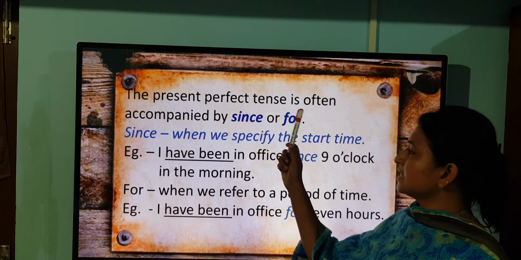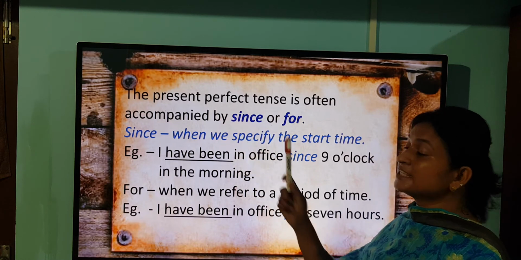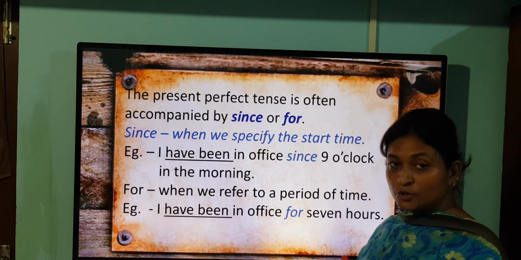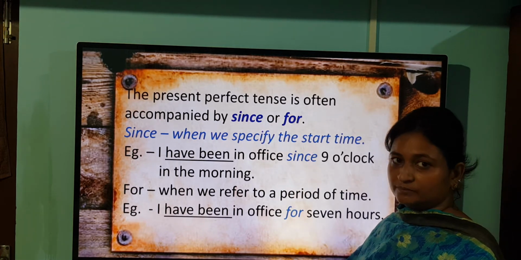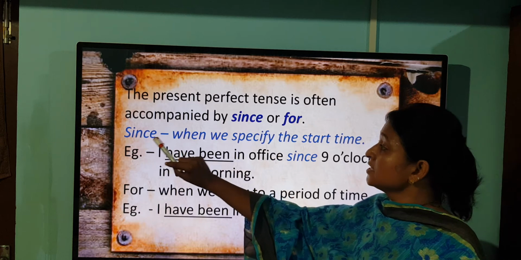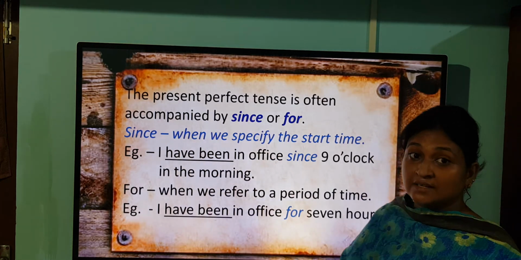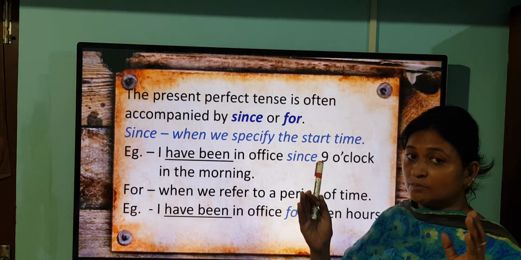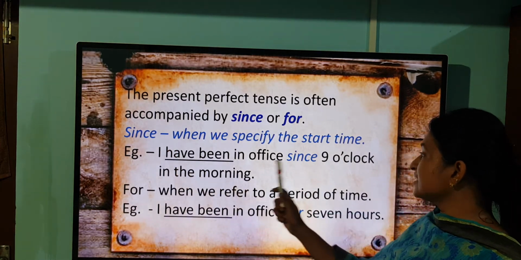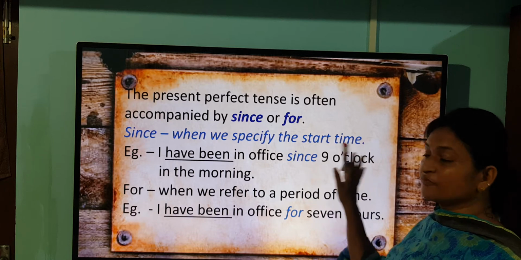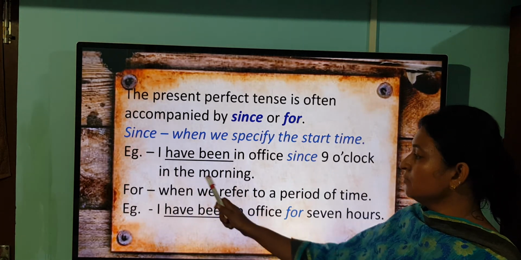The present perfect tense is often accompanied by since or for. Whenever you use present perfect tense, you will see these two words very commonly. Now, since is used when we specify the start time. When we are mentioning any specific date or time, we write since. I have been in office since 9 o'clock. They are specifying in the morning.